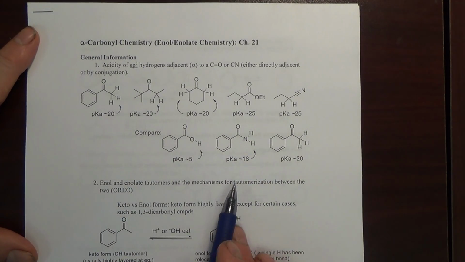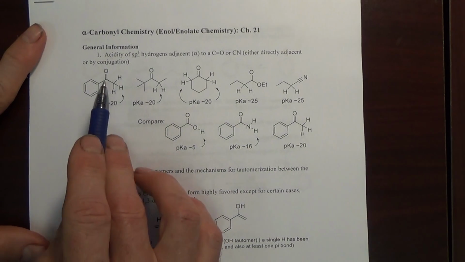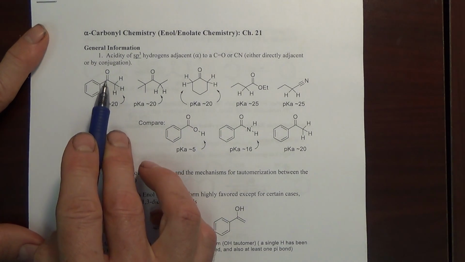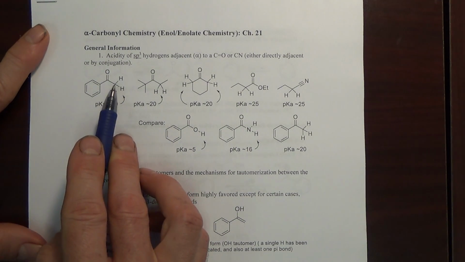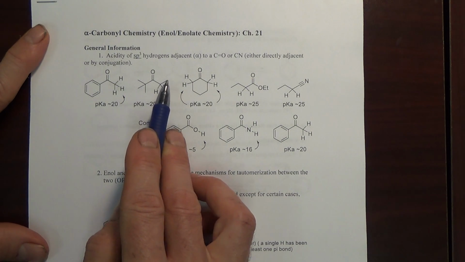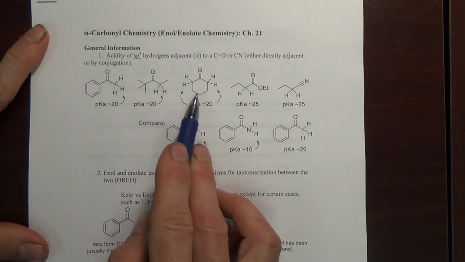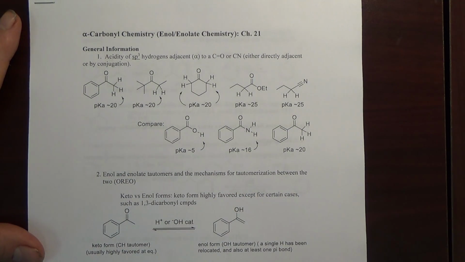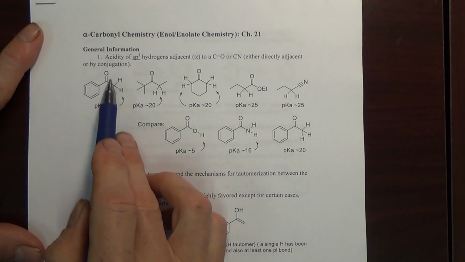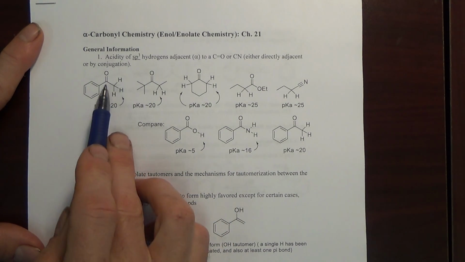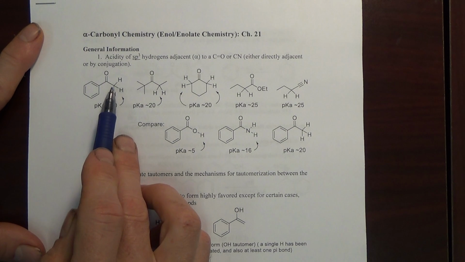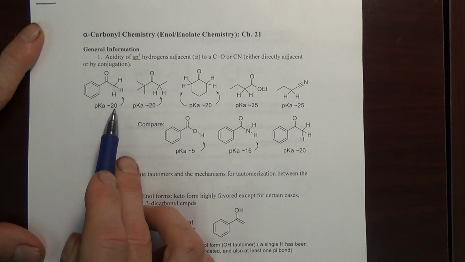First, some pKa's here. The alpha CHs, that is the CHs next to a carbonyl, the first carbon is called the alpha, the next one would be called beta, etc. But the adjacent or alpha CHs of an aldehyde or ketone have a pKa of about 20.